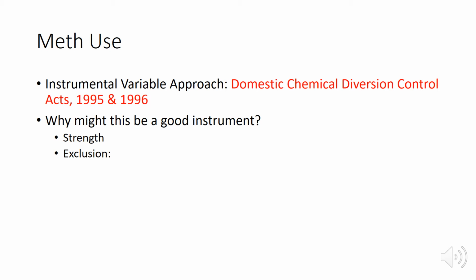This might be a strong instrument because when these acts passed in 1995 and 1996, and it was harder to buy cold medicine, the price of meth went up. Let's go on to something a little bit more difficult. Why might this be an exclusive instrument? Why might the price of meth not be correlated with our outcome variables, which are foster care admissions and cases of abuse and neglect? All right.